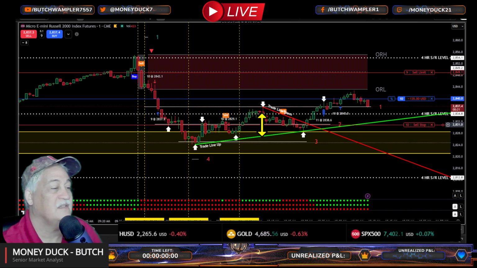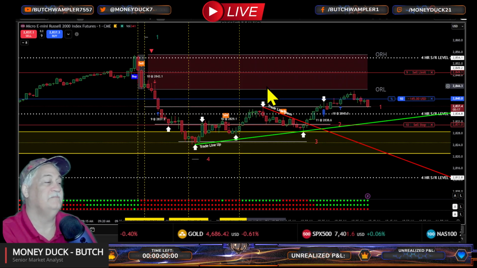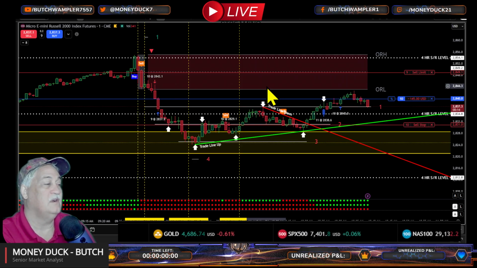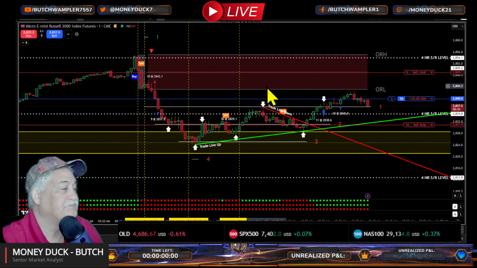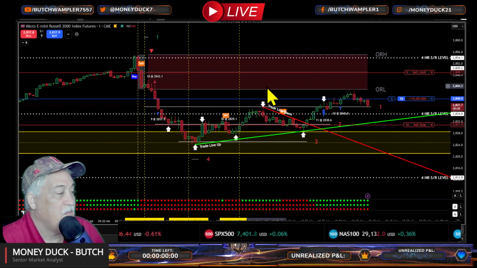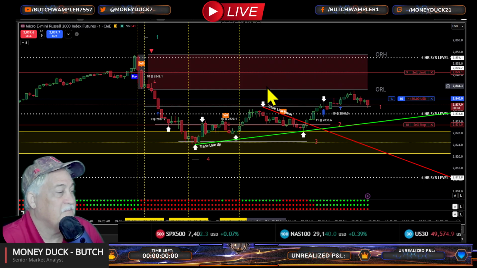Right now it's testing the previous high back over here. But I really think it's going to pop down to that 4-hour support and resistance level and just kind of check that. It may not, but it wouldn't surprise me if it does.